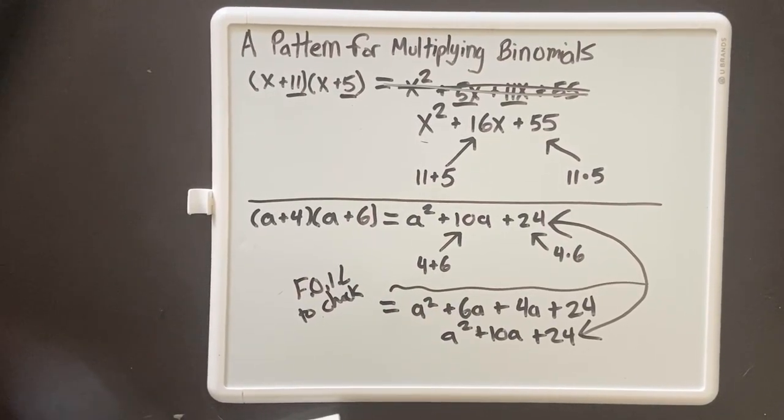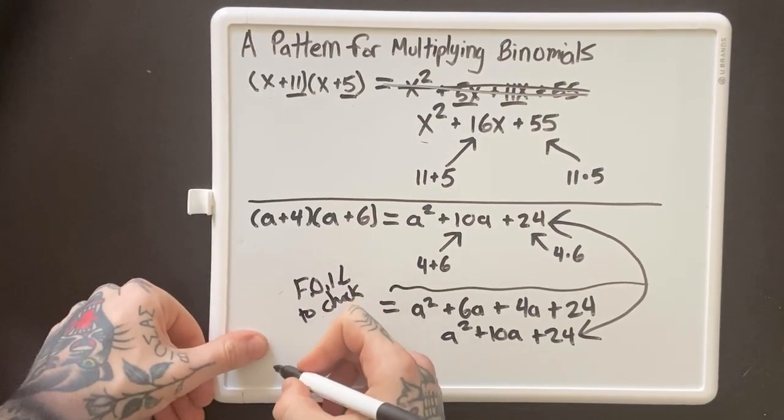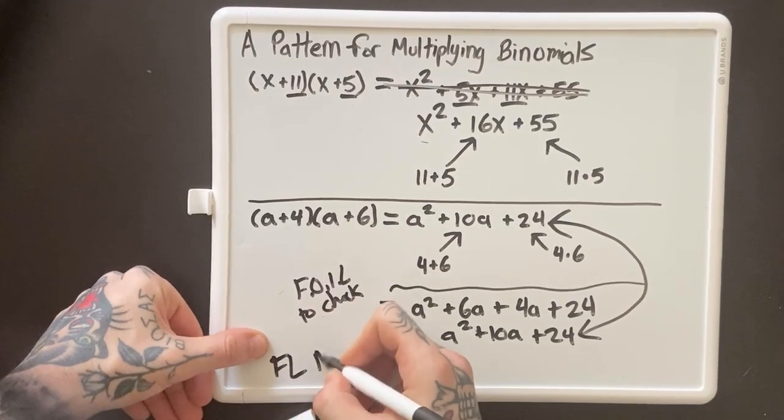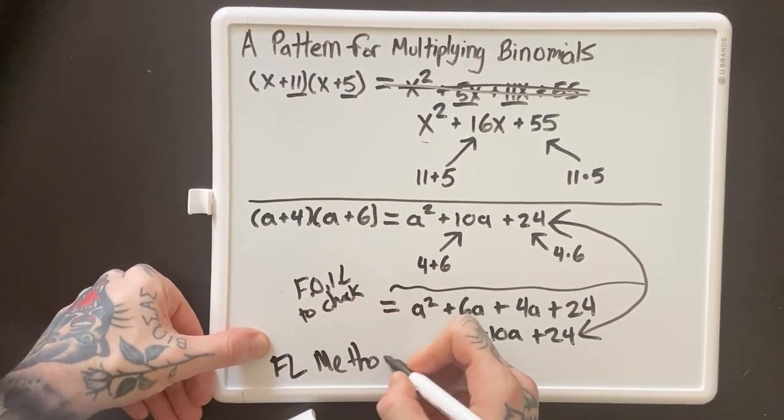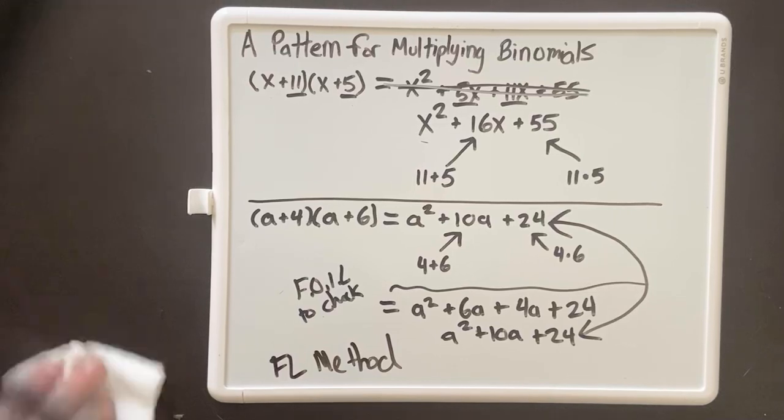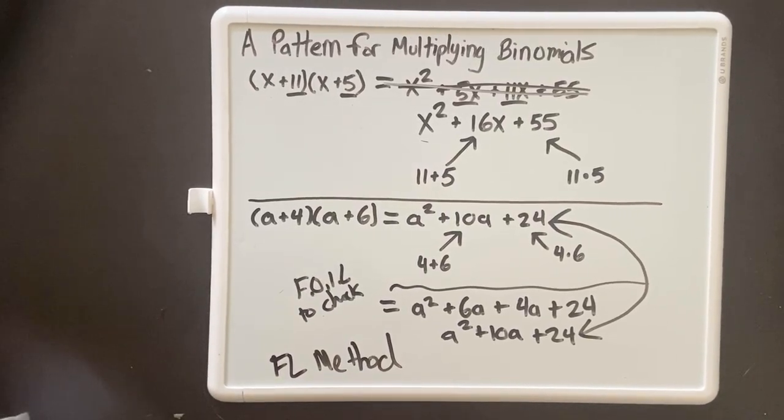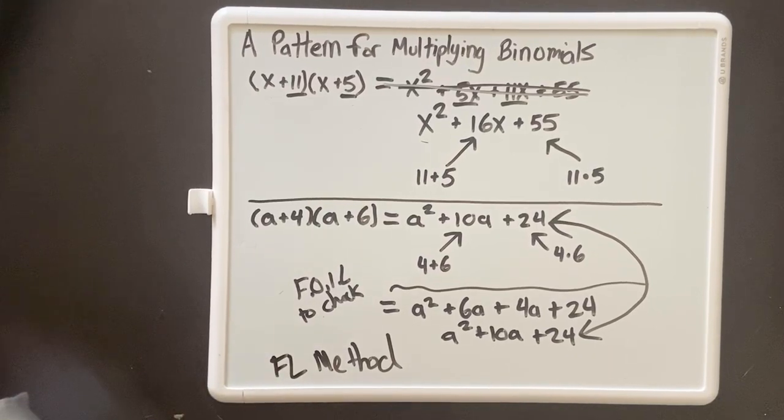Another one is the FL method. If you don't remember that, go back and find that method, but it's similar. We're looking for a certain pattern that allows us to skip steps of FOIL, so we don't waste our time doing mundane steps that we know are going to reach the same conclusion in fewer steps.